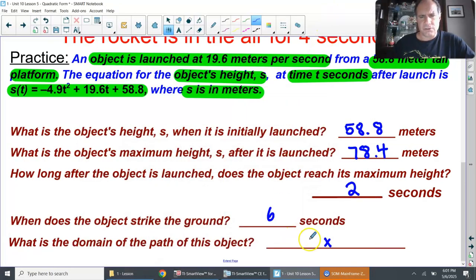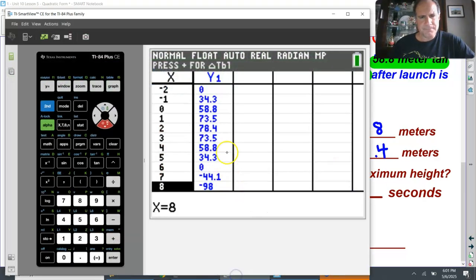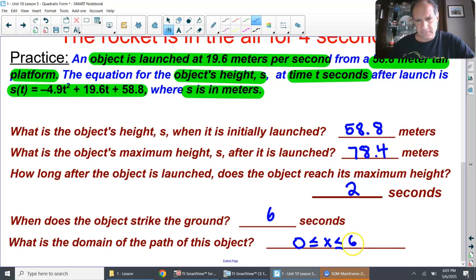So X is greater than or equal to 0 and less than or equal to 6. Or if you put the domain in interval notation, you would have a bracket 0 and 6 bracket because they're both equal. So either one is fine.